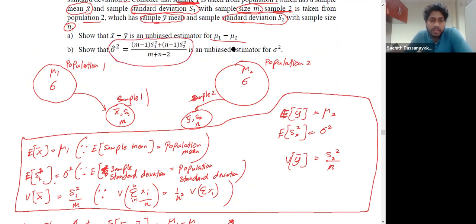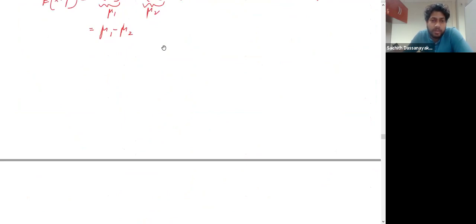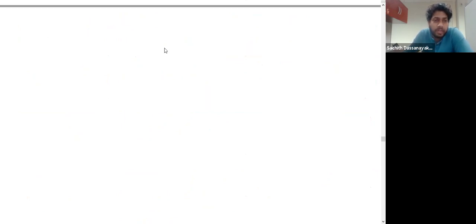Sigma hat squared is an unbiased estimator for sigma squared. You have to follow the same procedure.